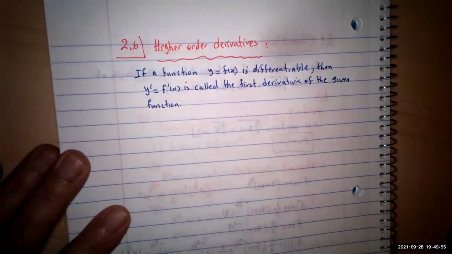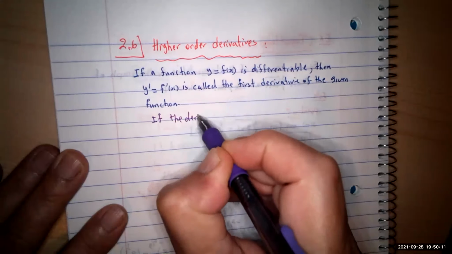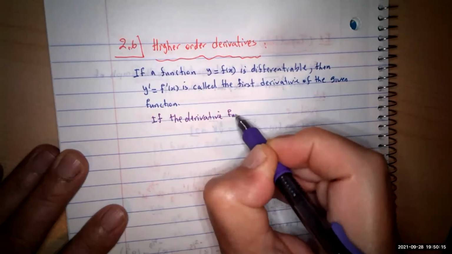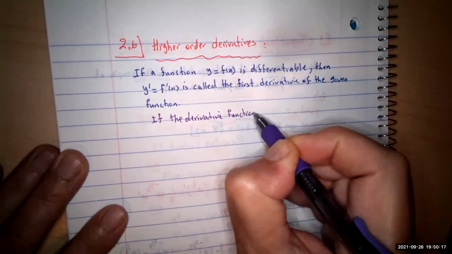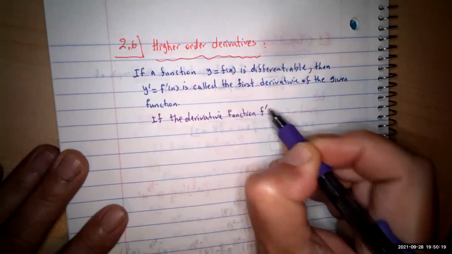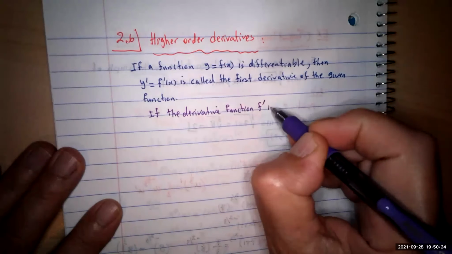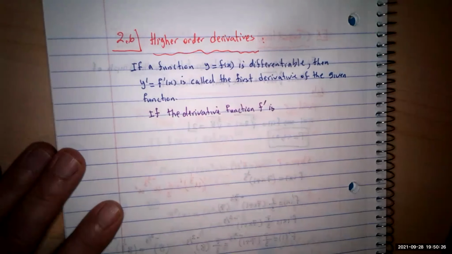Now, if this new function is differentiable, if the derivative function we introduced before, f prime, or the first derivative by itself, is differentiable, it means you can start over and differentiate it.